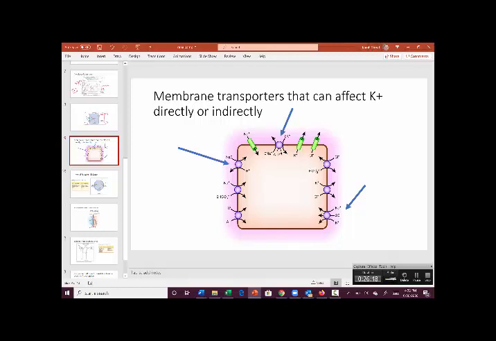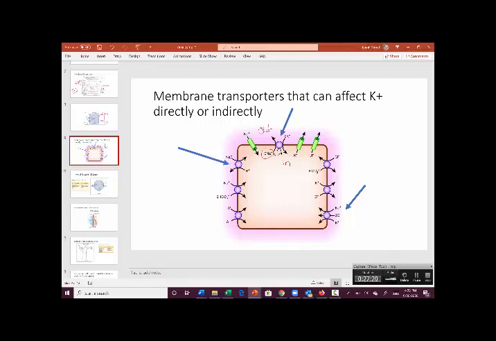The first thing I want you to know is that cells throughout your body have a lot of different membrane transporters. Here is a picture that shows just a few of them. I have arrows pointing to some familiar friends of ours. Here is our sodium potassium ATPase. It uses ATP to move 3 sodium out of the cell and 2 potassium in the cell.